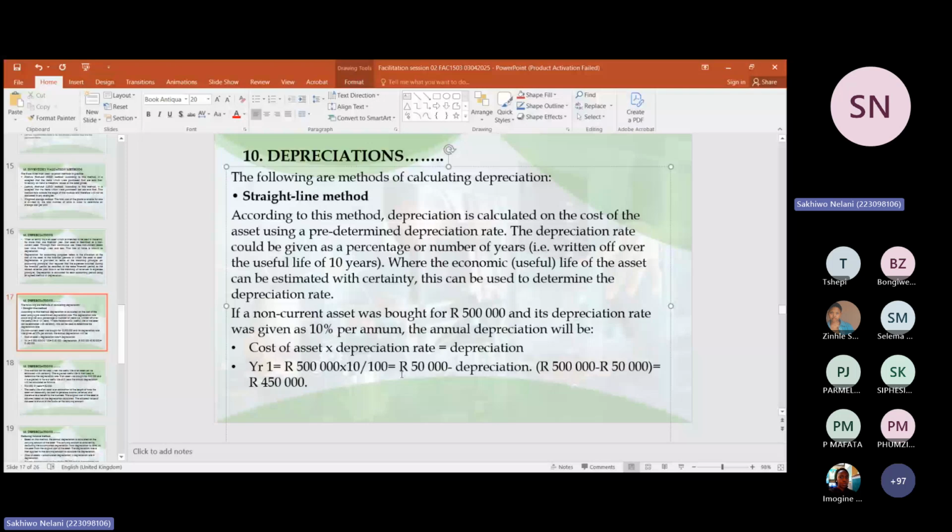How do you do it? You are not given a percentage, you're given years now. If the asset will stay in the business for 10 years, how much is the depreciation per year?